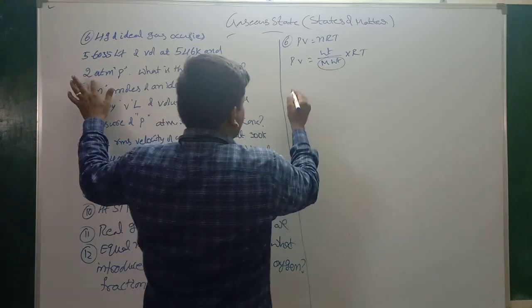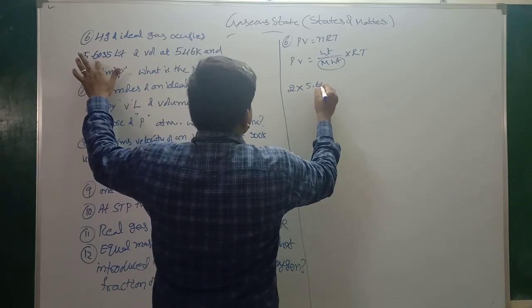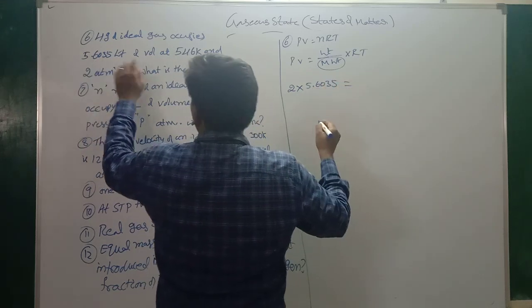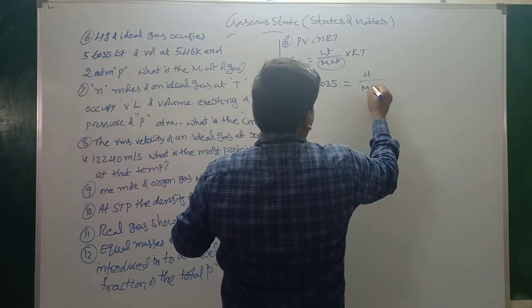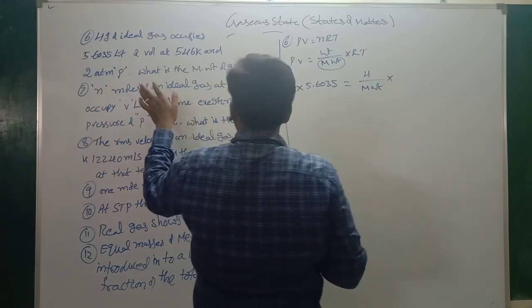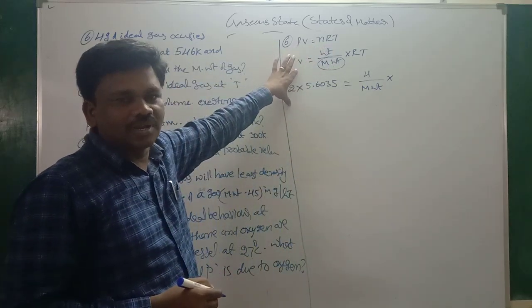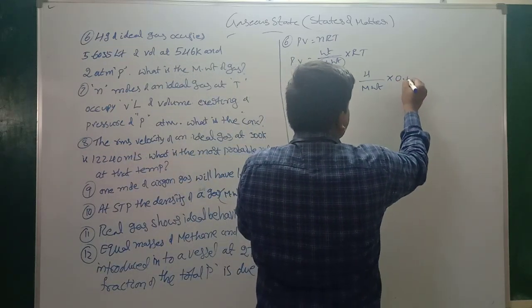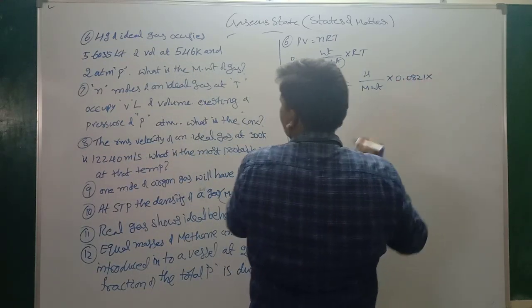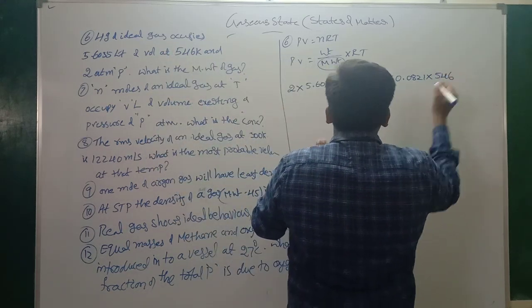Here pressure in atmosphere and volume 5.6035, weight of the substance is 4 grams, and calculate molecular weight, and R is expressed in liter atmosphere. That means it is equal to 0.0821 liter atmosphere, and temperature is given in Kelvin, 5.6 Kelvin.